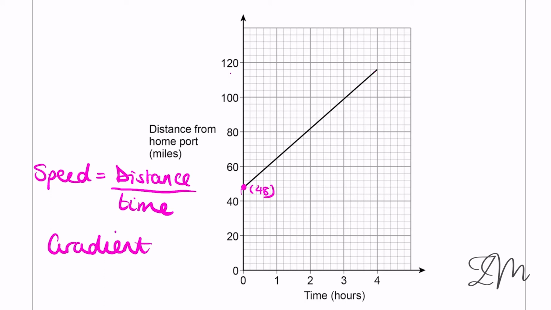116. Okay, so if I look at the difference, my gradient is my change in y over my change in x. My change in x is easier, it's 4 because there's 4 hours. And my change in y is 116 minus 46 to give me 70.